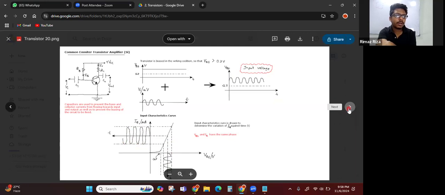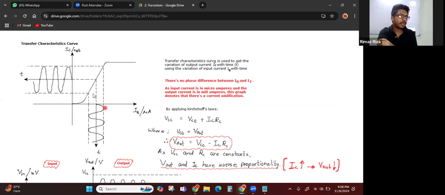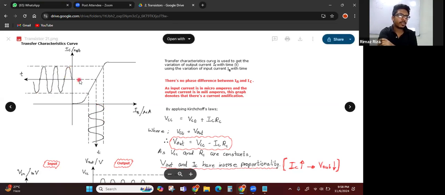And we know in active region, IC is proportional to IB. So you can see here, this value corresponds to this. And it's increasing like this, so IC increases. So along with this, IC also changes. Okay. So now you can see when IB increasing, IC also increasing. Therefore, there is no any phase change.